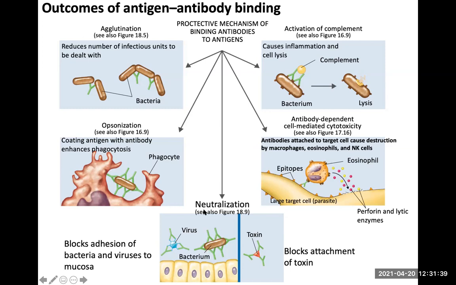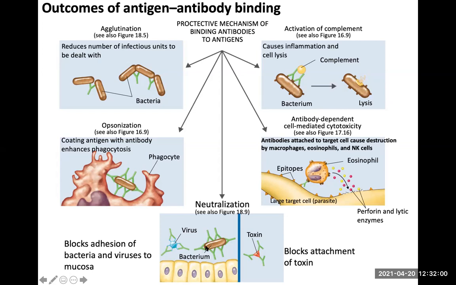What neutralization requires is that all of the receptors get bound to antibody. So now this virus is inert. It cannot infect a cell. It doesn't have anything to bind to a cell anymore. Same thing with this bacterium.